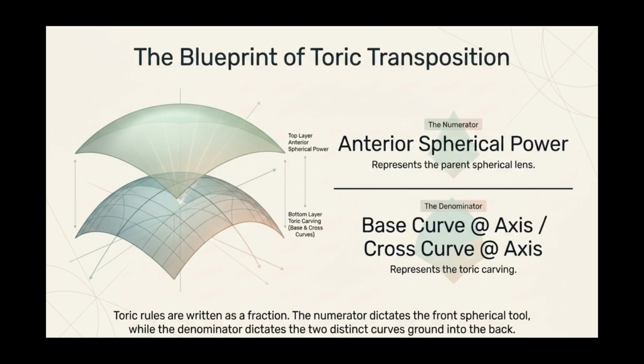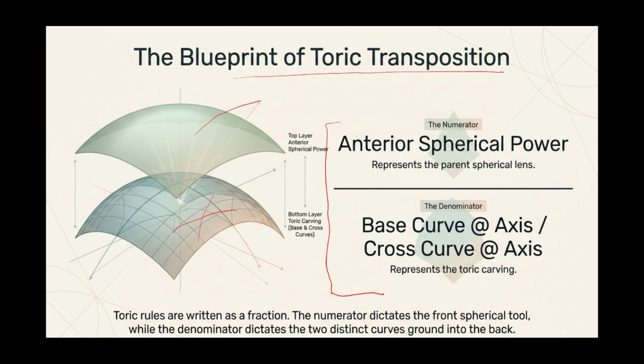So what do we want to achieve by doing a toric transposition? We want to achieve this formula or this result. This is the basic blueprint of a toric transposition prescription. It has to describe the anterior spherical power, and it has to give the details of both the base curve and the cross curve of the posterior toroidal surface.